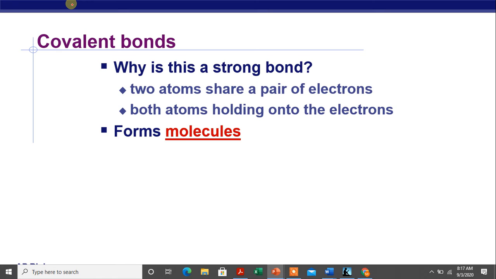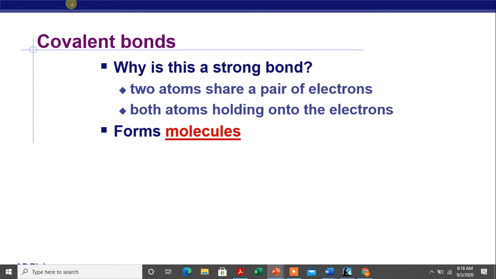When you grab the other person's wrist, and the other person with that same hand grabs your wrist to make that strong linkage, that'd be a lot harder to break than you just grabbing onto someone's arm. That's an example of why a covalent bond is so strong: there's an attractive force between both atoms in that bond.